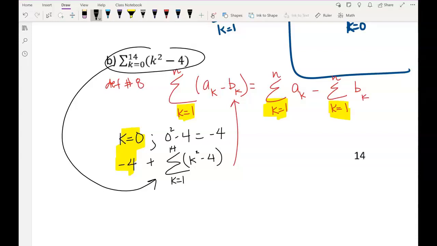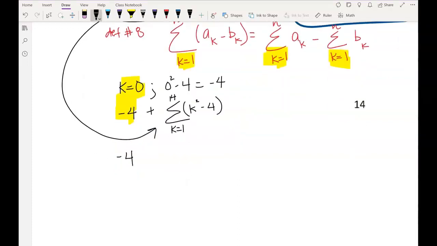So with that said, I know exactly what to do when you have a quantity of summation according to your formula. If k is starting at 1, we can break it up. K squared, and then we can do a minus, okay, summation k equals 1 to the 14th, 4.